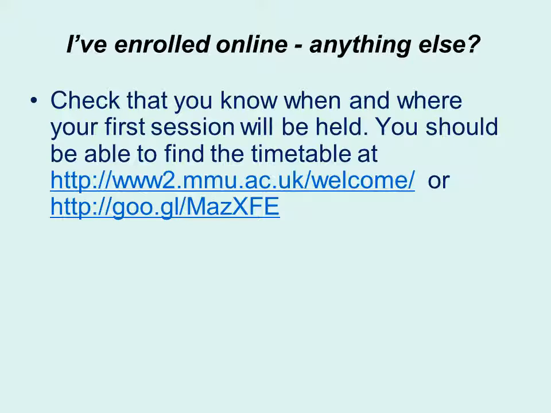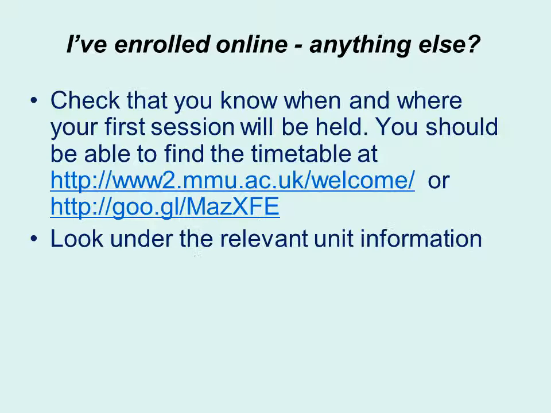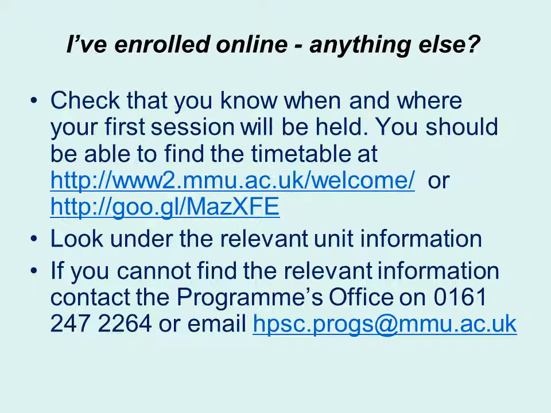This is a direct link to a general timetable. Look under the relevant unit information, and if by chance you can't find the relevant details, contact our Programmes Office on the phone number or email shown on screen here.